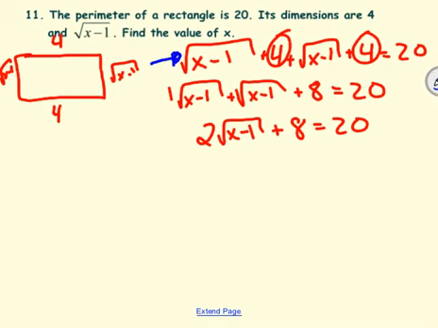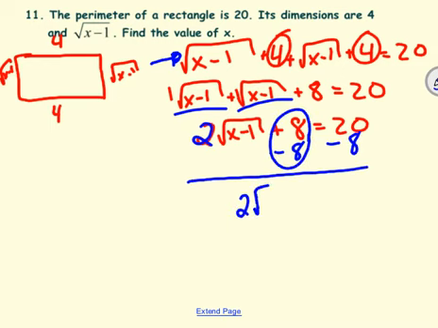Alright? Then you got to know that one of these plus another one lets you put a coefficient of 2 out front. And now this is something that we've been working on solving. This is probably just a two-step one, right? Because when I look at this, I'm going to have 2 times square root x minus 1 equal to 12. This is the one where we got to get rid of the coefficient of 2.